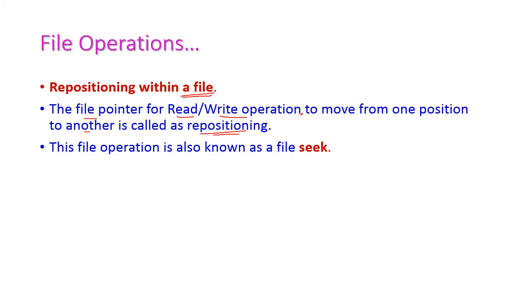For example, if it is a read operation, the default file pointer position is the beginning of the file. Suppose I want to read the 50th record, then the read pointer will move to that particular position, and this operation is called seek the record number.